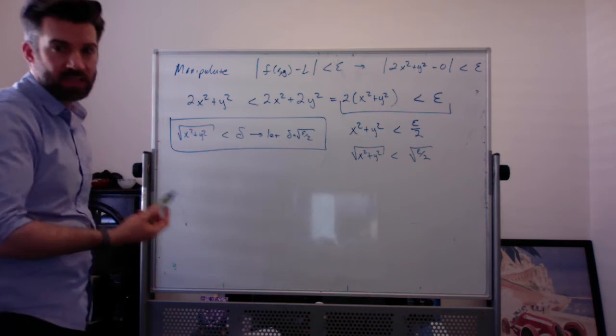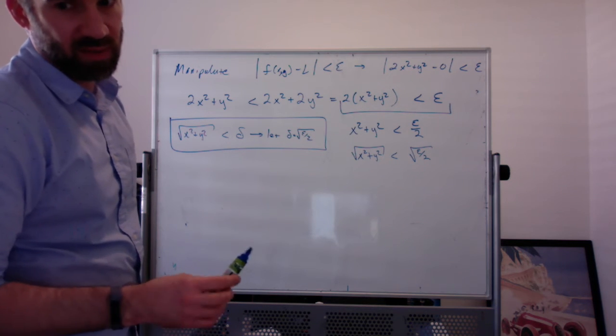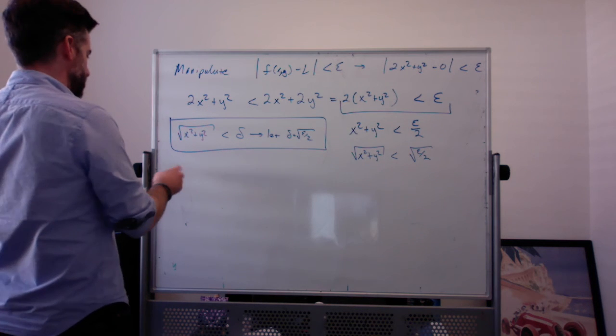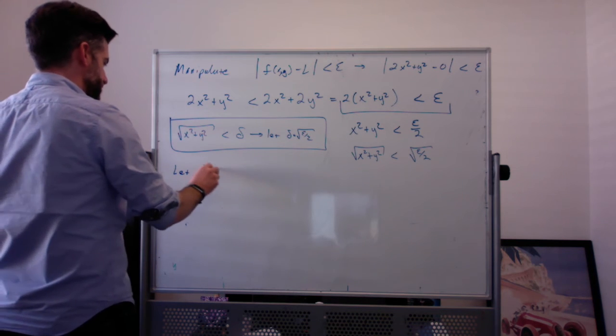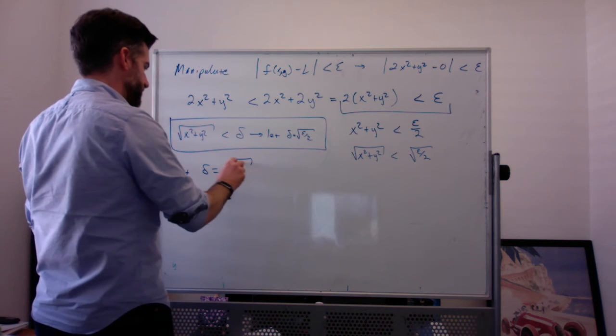So here's what we then get to say. This is a little bit of work depending on what they want you to do exactly. So this might be good enough, but often people say, okay, so now we say, let delta equal the square root of epsilon over 2.